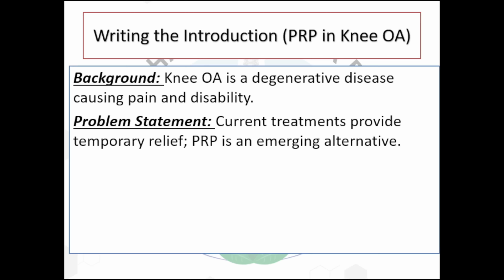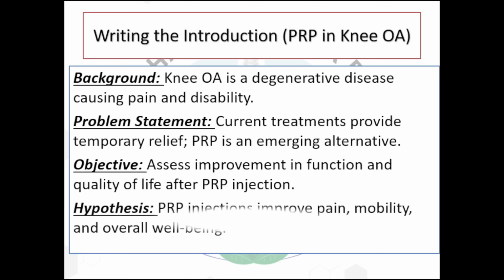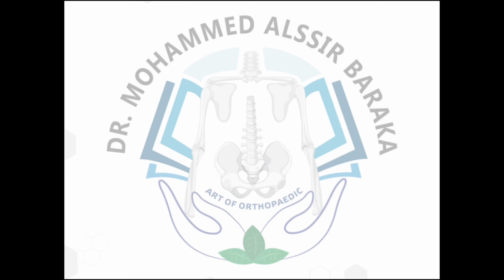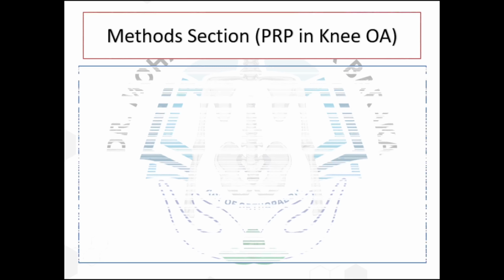Also, the problem statement says that current treatment provides temporary relief. PRP is an emerging alternative. Objective: to assess the improvement in function and quality of life after PRP injection. This is the general objective. Hypothesis: we said that PRP injection improves pain, mobility, and overall well-being.